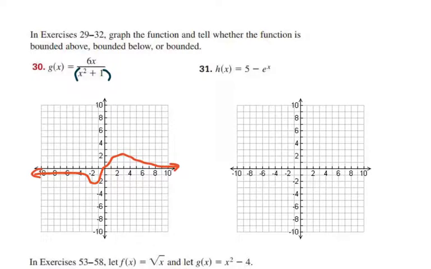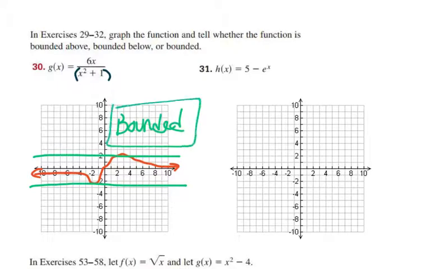So we need to tell whether this is bounded above, bounded below, or bounded, and I'm going to say bounded because it is not going to end up going any higher than that highest maximum and that lowest minimum. So you don't have to actually say where it's bounded, but it is bounded, meaning above and below.